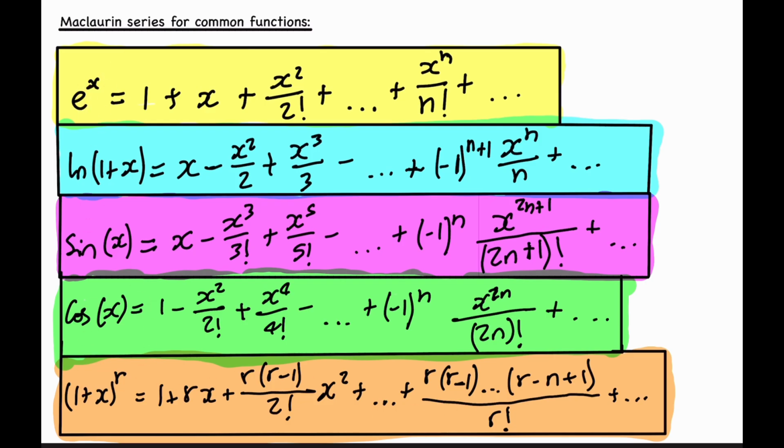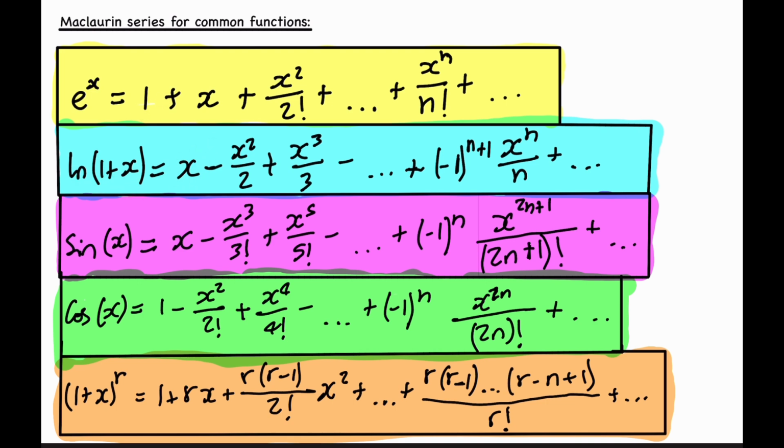So for example, e to the x will just have 1 plus x plus x squared over 2 factorial, and if we carry on, we'll get x cubed over 3 factorial, and then x to the power of n over n factorial for increasing terms.